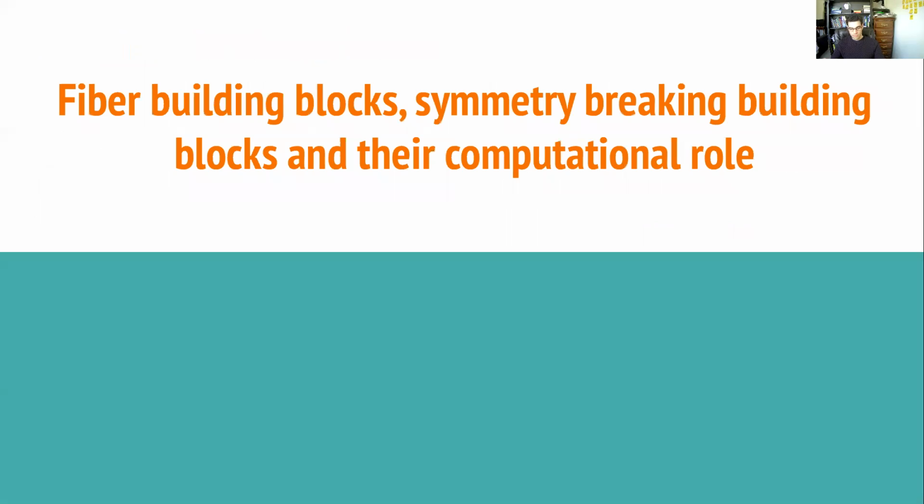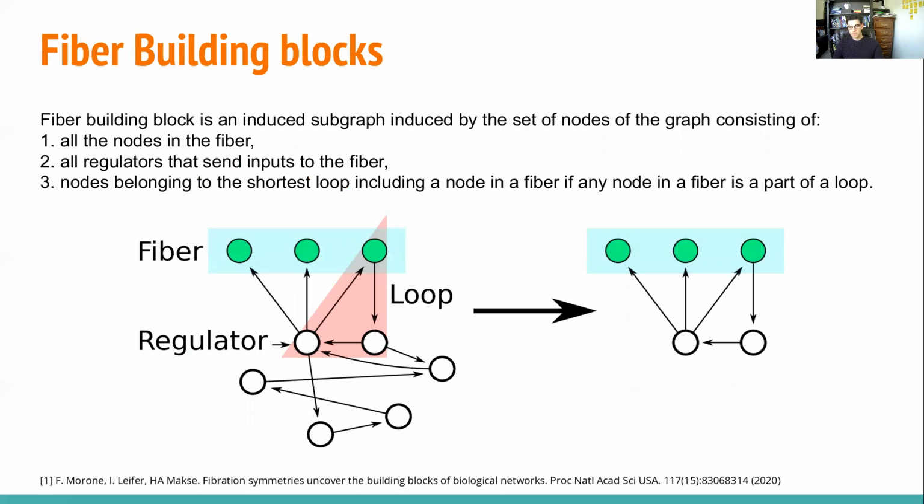Now, using these fibration symmetries, we can define fiber building blocks, and the variation of fiber building blocks is called symmetry breaking building blocks. I'm going to talk more about that later, and about their computational role. So what is a fiber building block? Consider this graph that has one fiber of the green color.